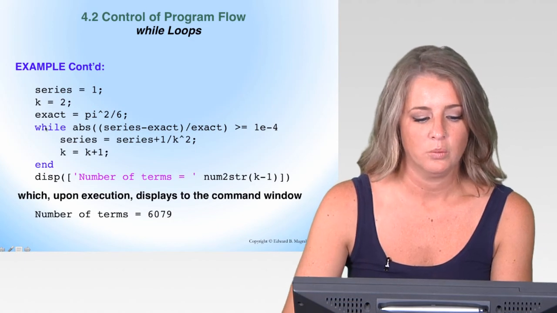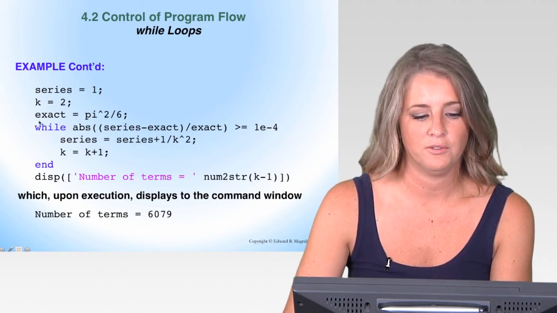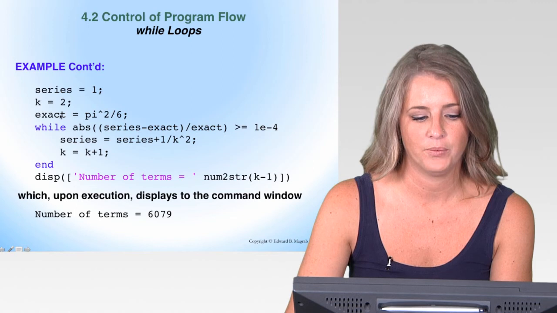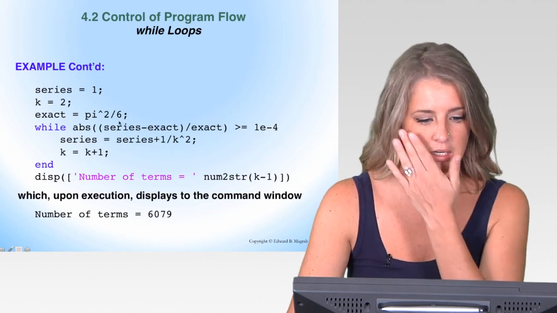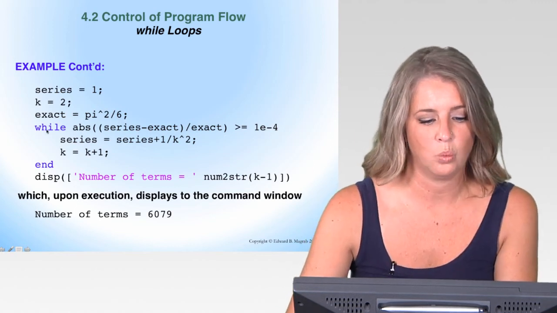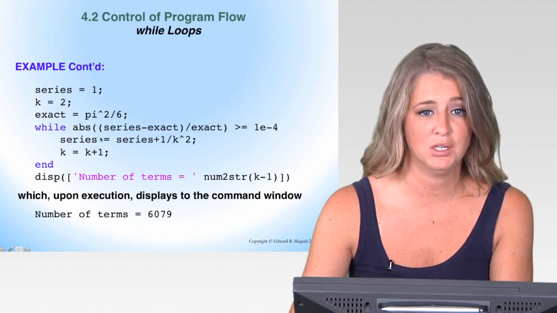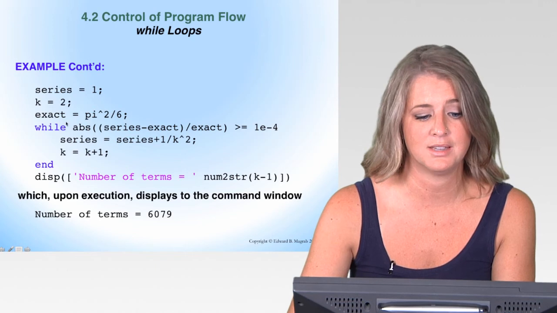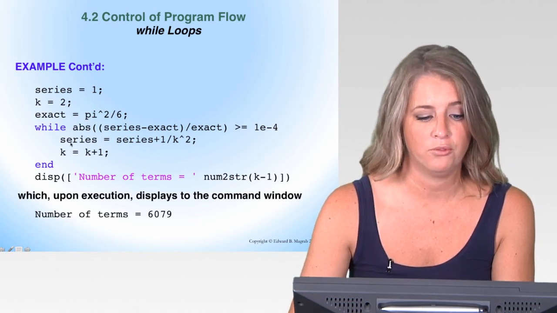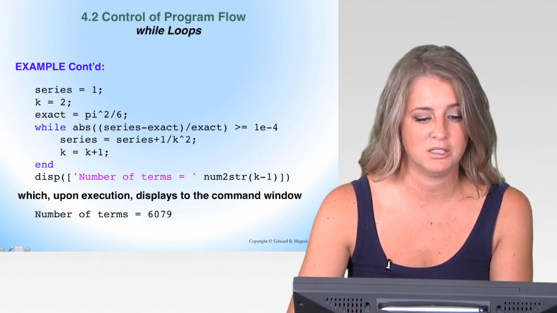So you see here we have a while loop here. We've defined our exact value, the pi squared over 6, and then what we're saying here is while we're evaluating the expression and it's not equal to this exact value, keep performing these statements here. Keep executing these statements.